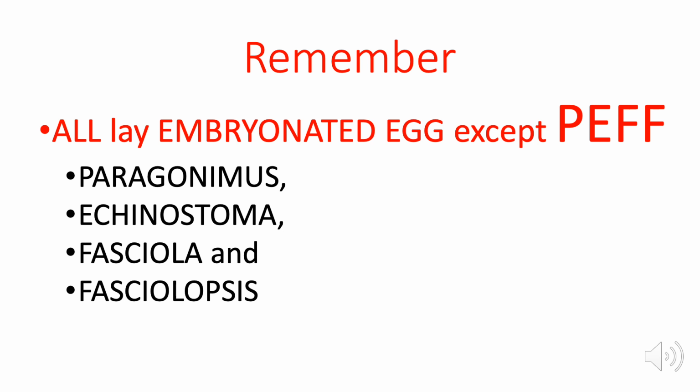And I hope you can still remember at this point that the eggs of these 4 trematodes are difficult to distinguish from each other except for Paragonimus. I hope you can still remember what characteristic of the Paragonimus ovum that will help you identify it from the ova of Echinostoma, Fasciola, and Fasciolopsis.